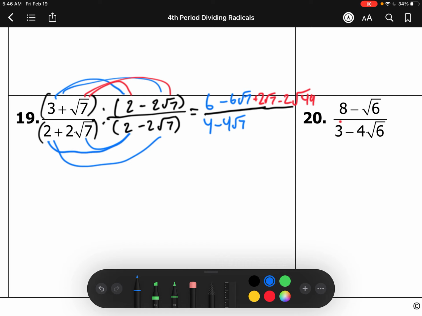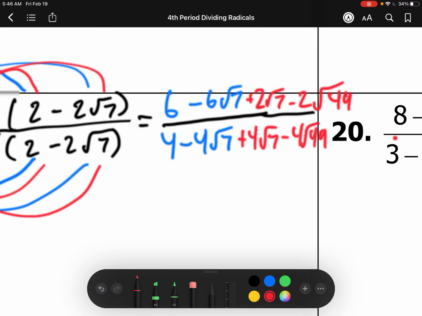Next we have 2 times the square root of 7 times 2. 2 times 2 is positive 4 times the square root of 7, right? You already see that these are going to cancel each other out. And then 2 times the square root of 7 times negative 2 times the square root of 7 is negative 4 times the square root of 49.